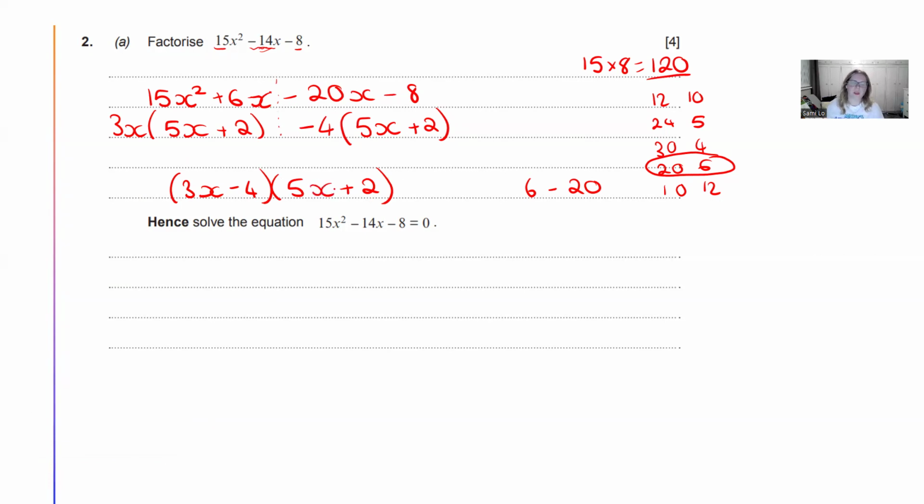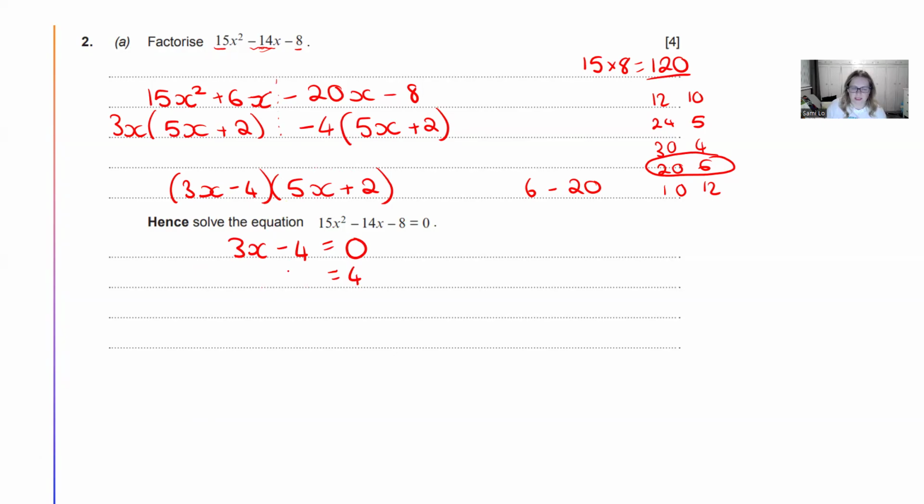Okay. Now, the second question we've got, it says solve. So you might know just to change the sign, make it opposite, but why is that really happening? It's always important to know. So we're making the bracket equal 0. If the first bracket was to equal 0, when I multiply the two, the whole answer will become 0. So once you've done this, it's just rearranging.